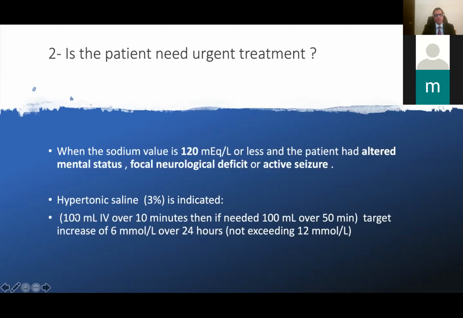Other references go with 1 to 2 ml per kg of hypertonic saline as a bolus over 10 minutes. The target is not to increase the sodium by more than 6 millimoles over the first 24 hours, and if necessary not exceeding 12, to prevent or minimize the risk of osmotic demyelination syndrome.